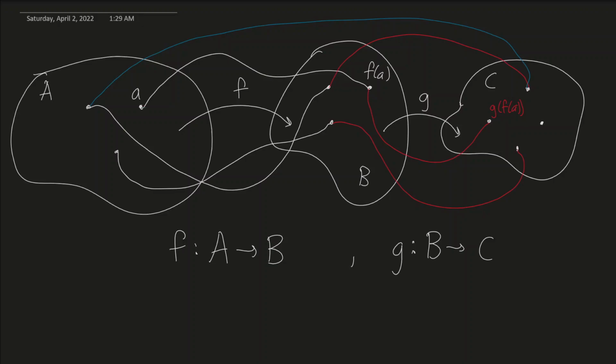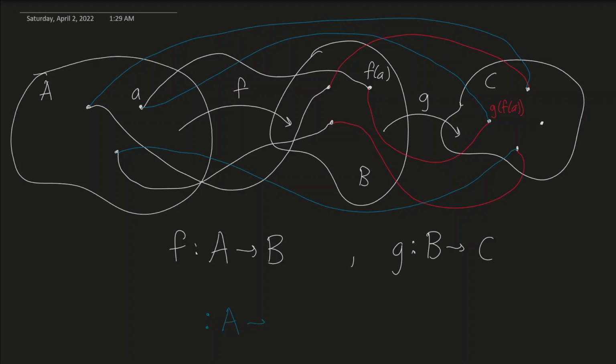So, I'm warning, this picture is about to get very messy, but hopefully the colors help. Okay, and our last element of A maps here. So the point is, in the end, we generate a new function from A to C, right?